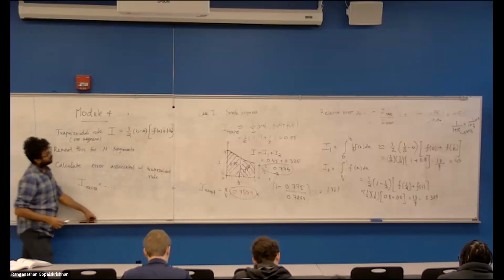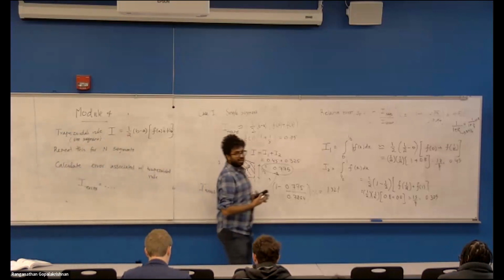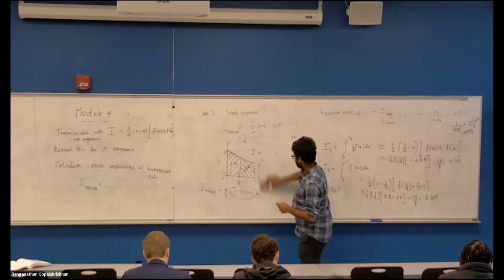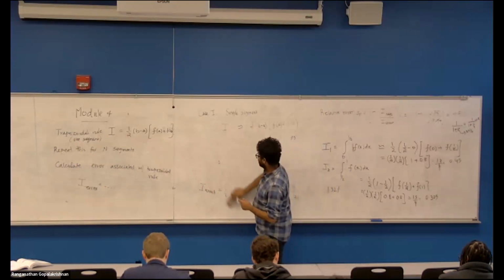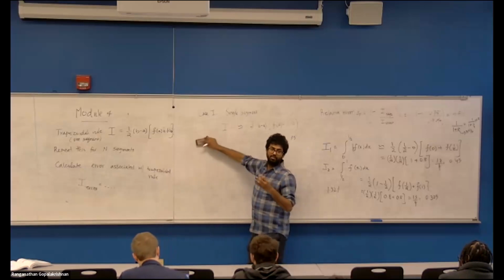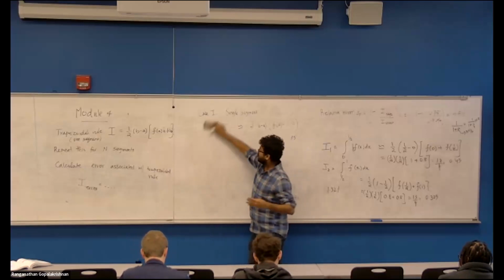The second is, remember when we did numerical differentiation, we talked about resolution of the data and how the resolution needs to be fine depending on how steeply the data is changing.